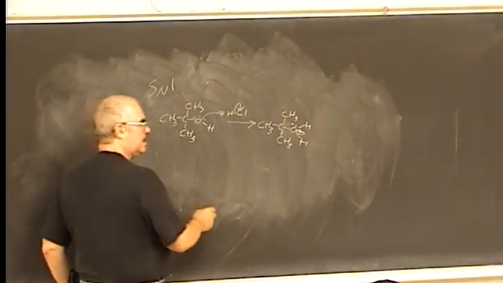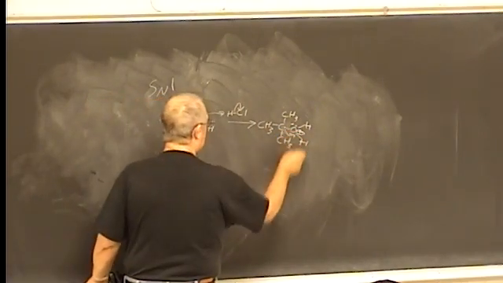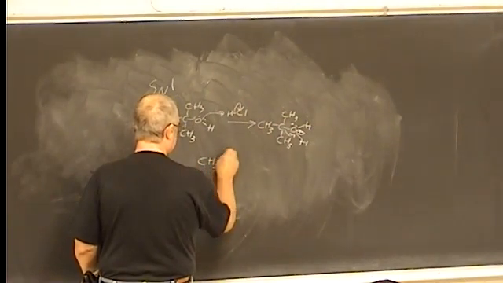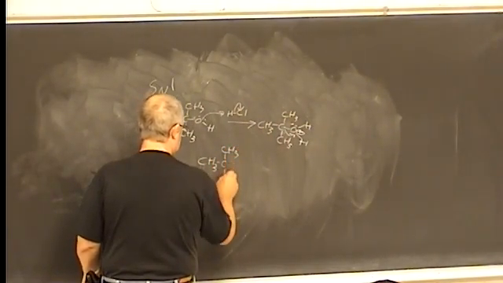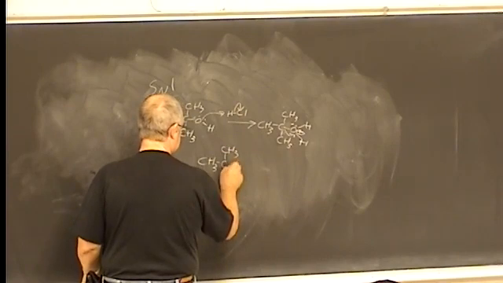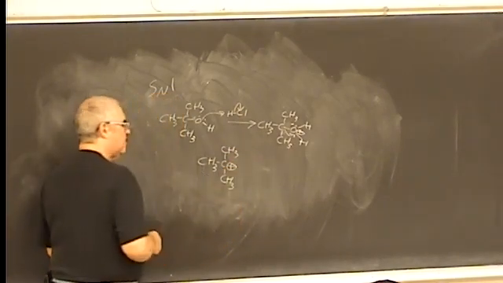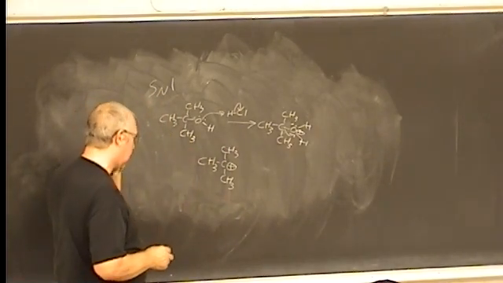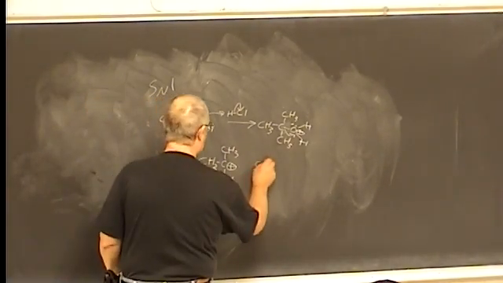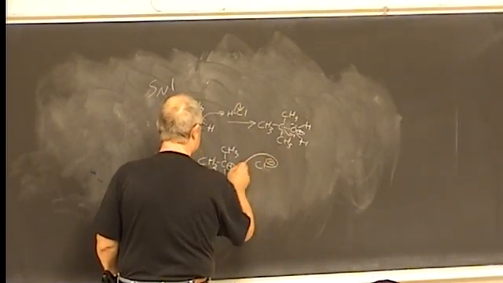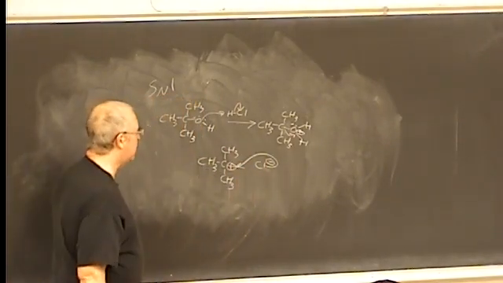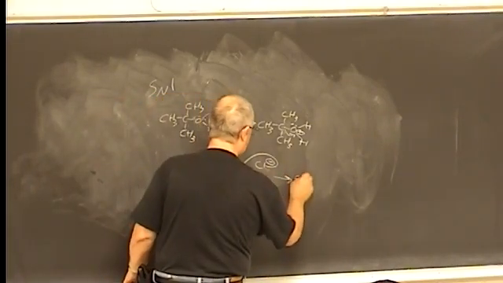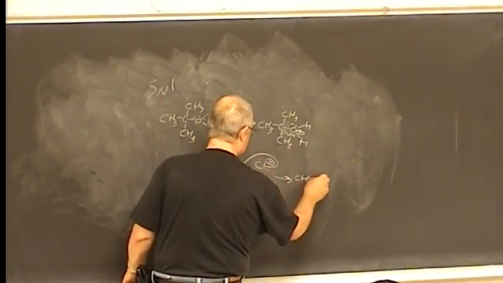Slow rate determining step is what we call heterolysis, where water leaves. We get this carbocation, and then chloride comes in. We always draw negative to positive. This will give us tertiary butyl chloride, or 2-chloro, 2-methyl propane.